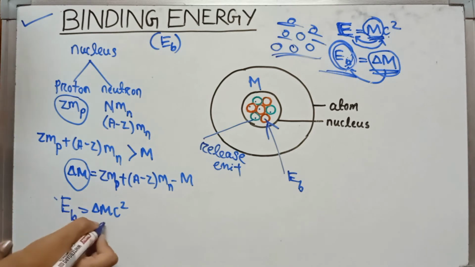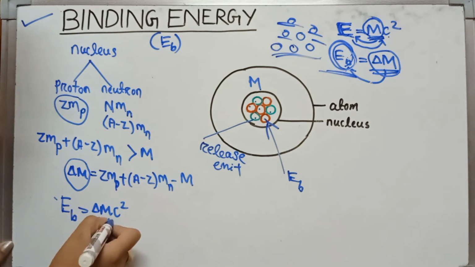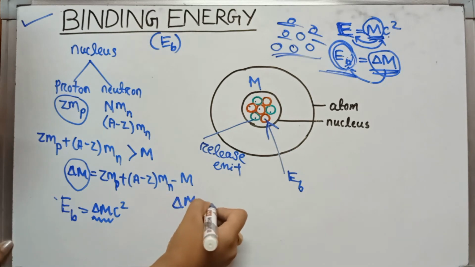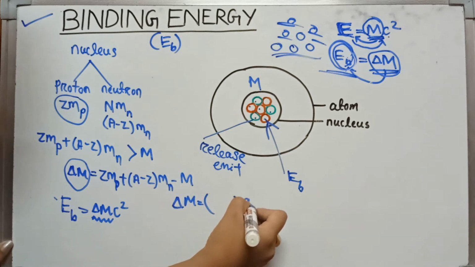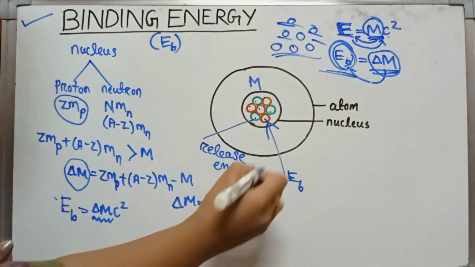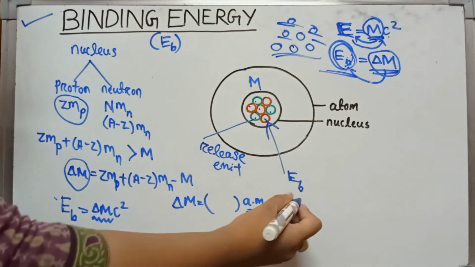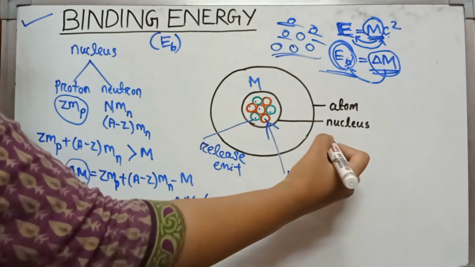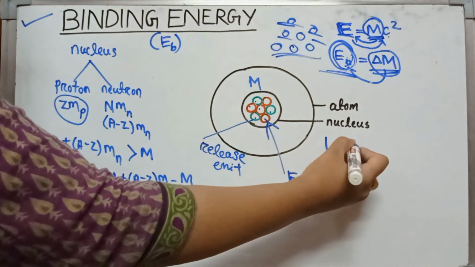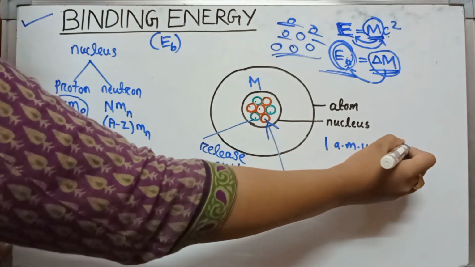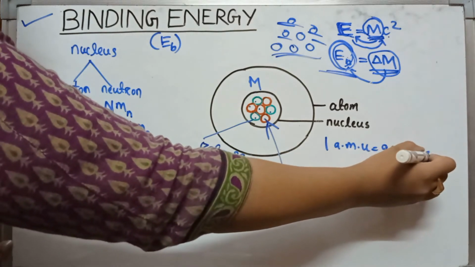Okay, students? See here, student. Delta M is in the form of some value in AMU. And we know the relation between AMU and MeV: 1 AMU is equal to 931.5 MeV.